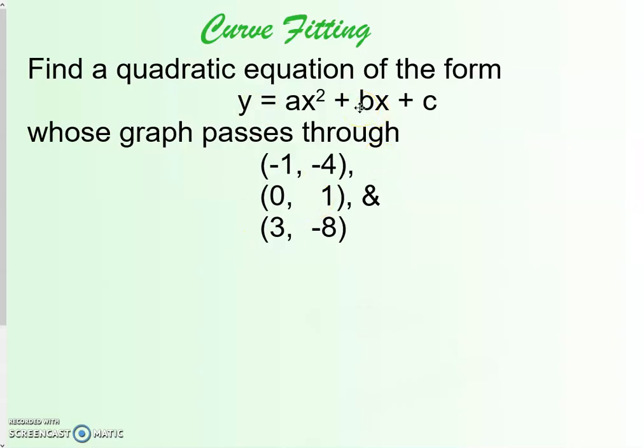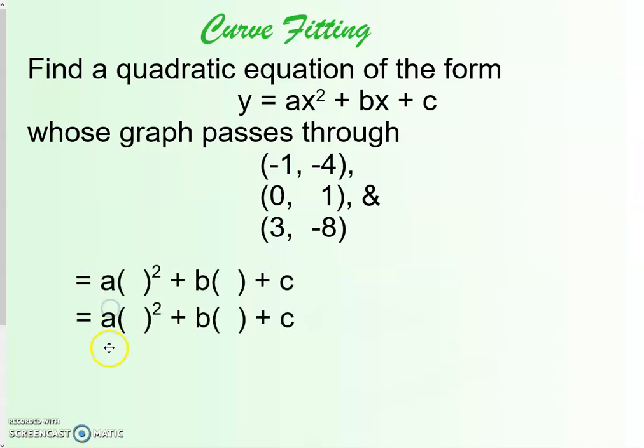Well, last year you probably played around with that quite a bit, but here's what I'd suggest. We have this general form, y equals ax squared plus bx plus c. And we also have some values of x and their corresponding y values. So what I think we ought to do is take this y value right here and its corresponding x value.